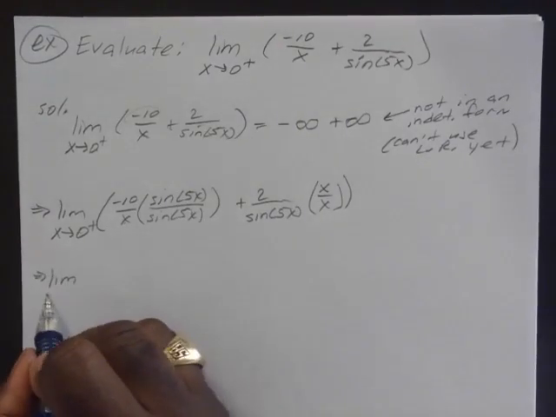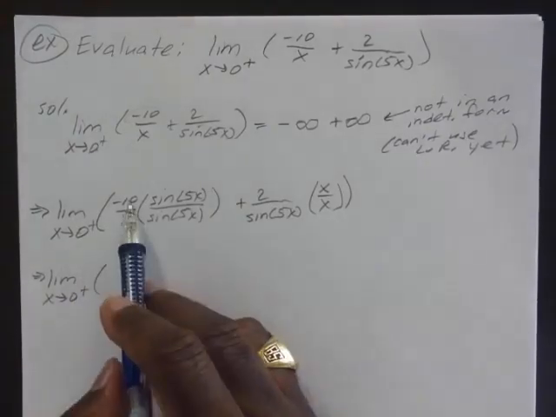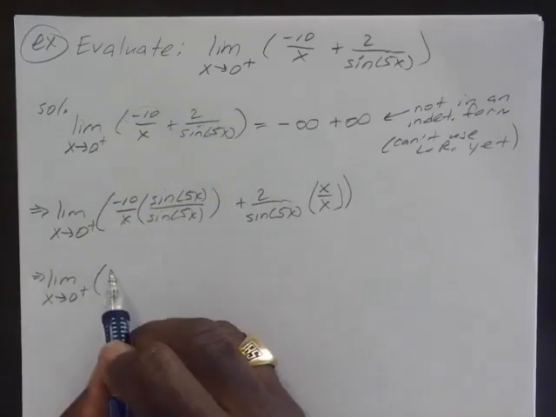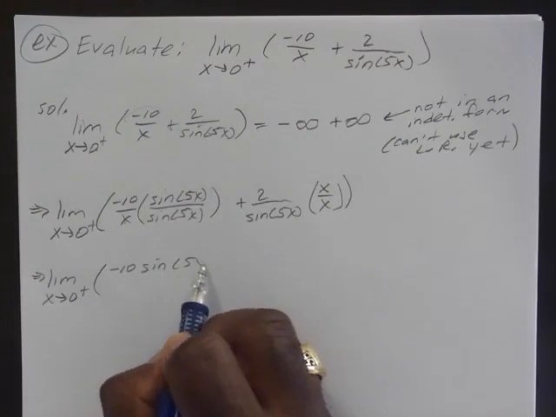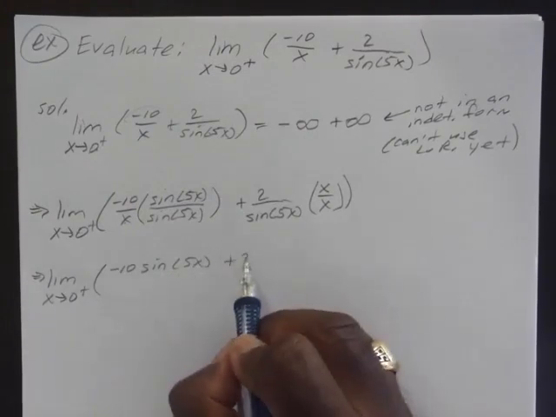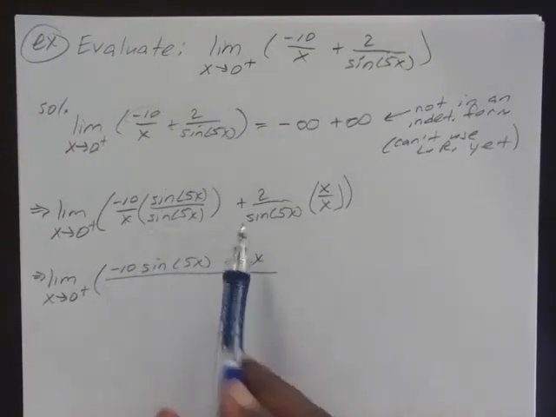So that gives us the limit as x approaches 0 from the right of negative 10 times sine of 5x plus 2x, divided by x times sine of 5x.